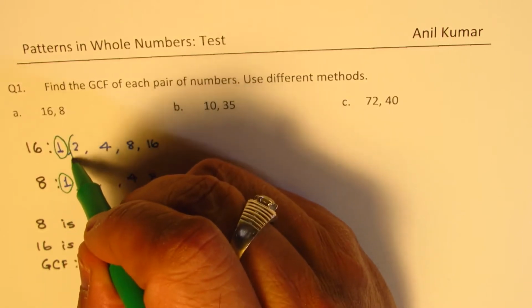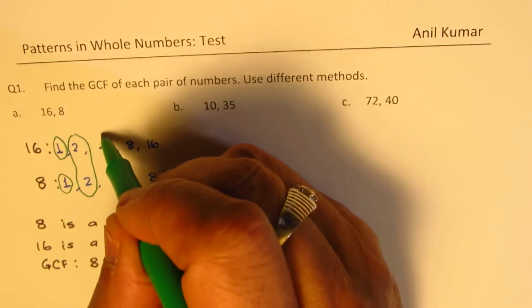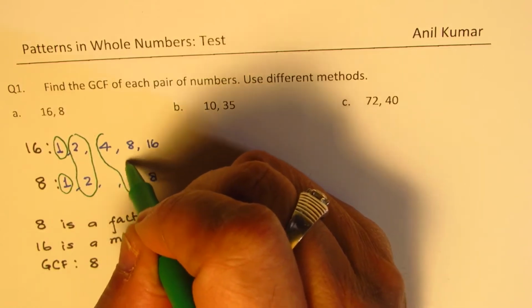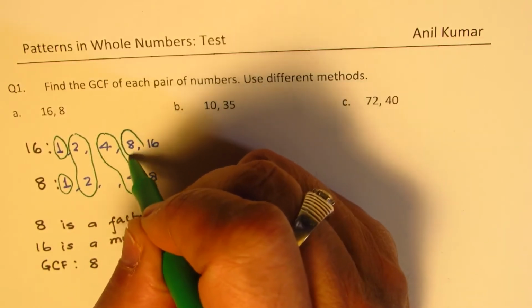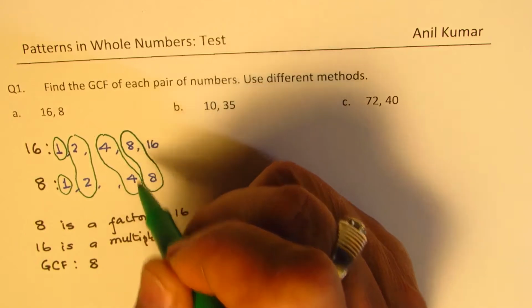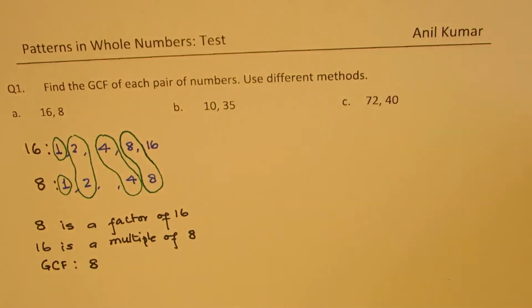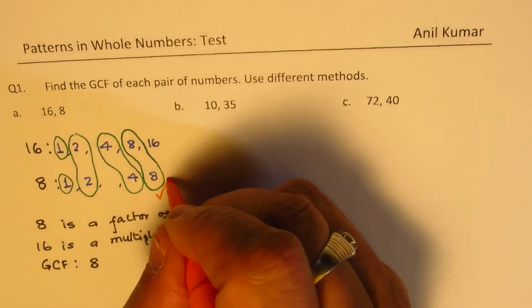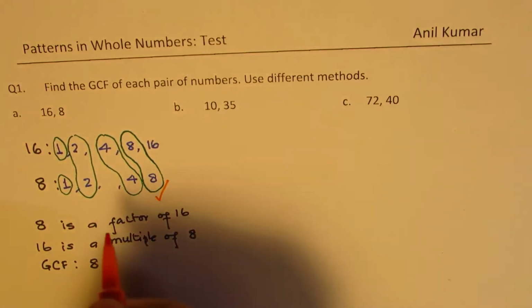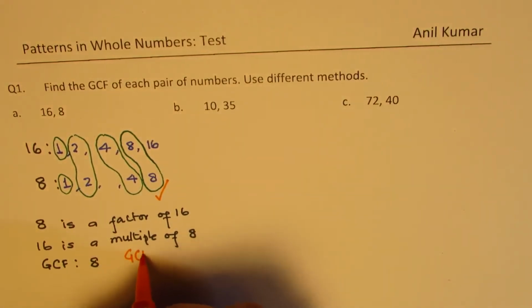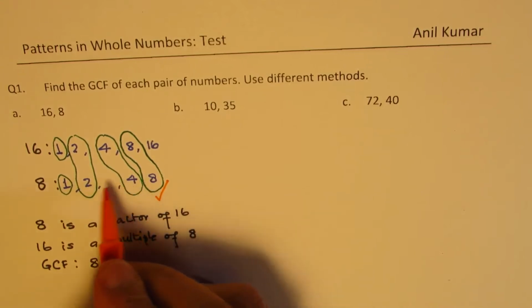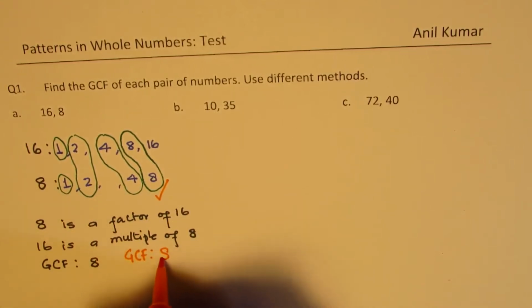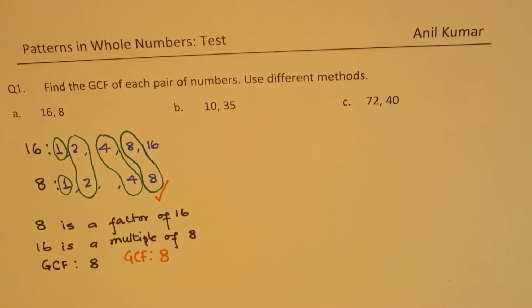So these are all the common factors. Amongst the common factors, the greatest common factor is 8, right? So we confirm again that GCF, the greatest of all these common factors, is 8. Does it make sense to you? Correct? So that is the second way of doing it.